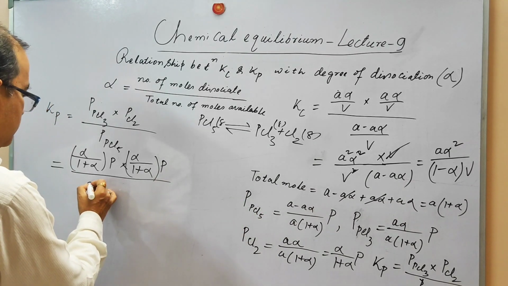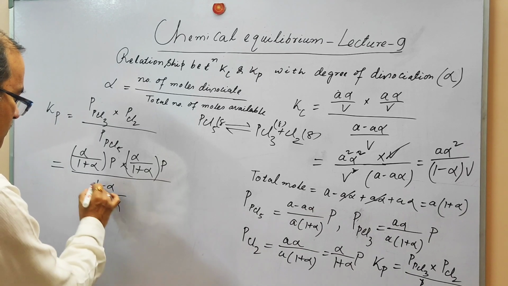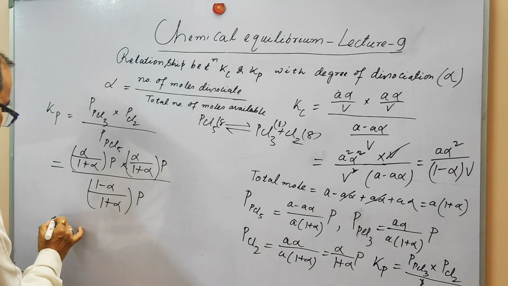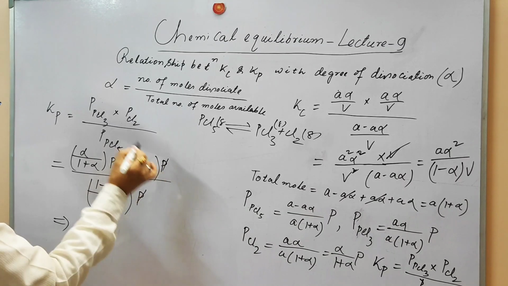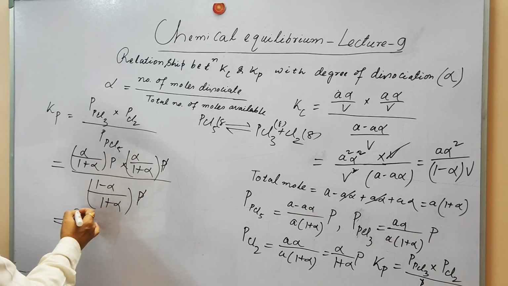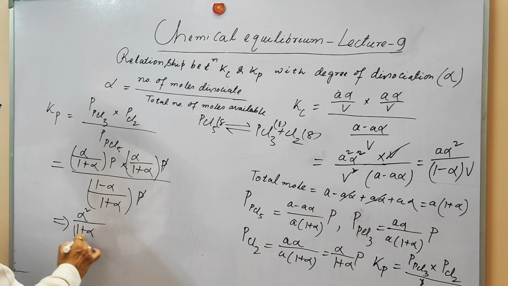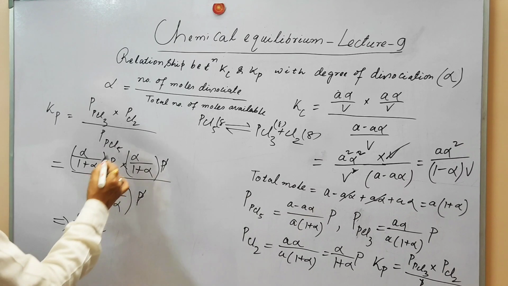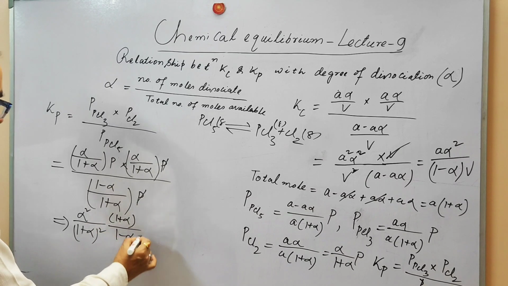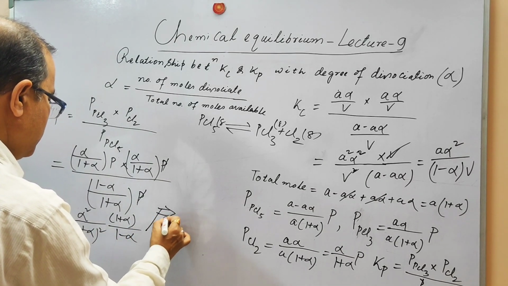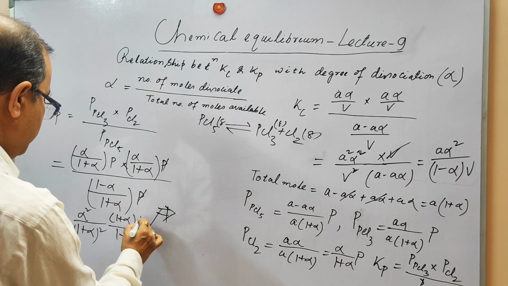In the PCl5 it is coming 1 minus alpha by 1 plus alpha into P. Now we get this equation, one P is cancelled, and what we get is alpha square divided by 1 plus alpha the whole square, and this term we will take as 1 plus alpha divided by 1 minus alpha, and one pressure term P will be there.